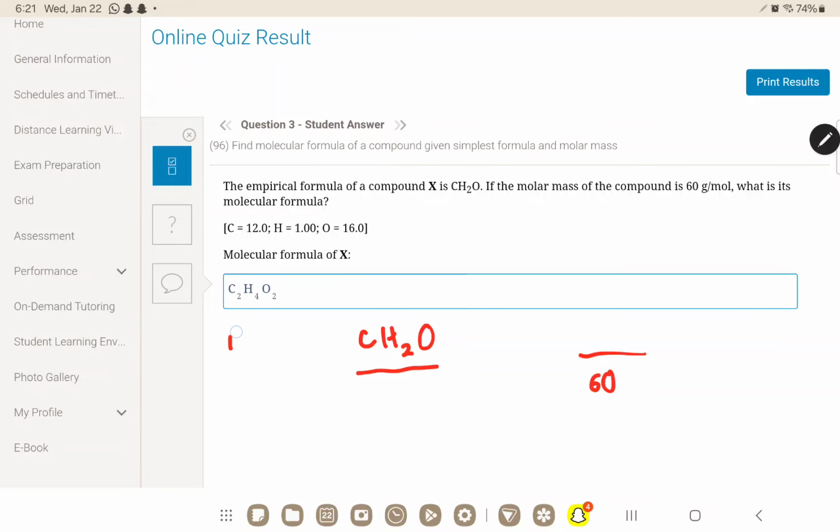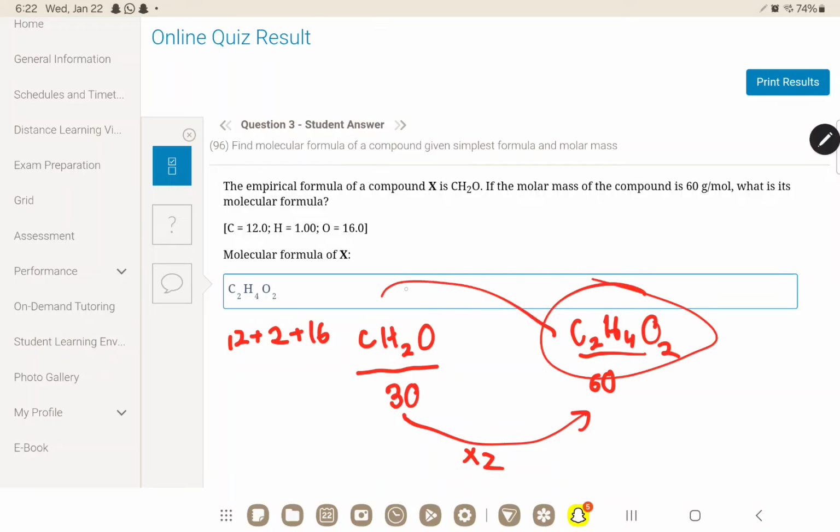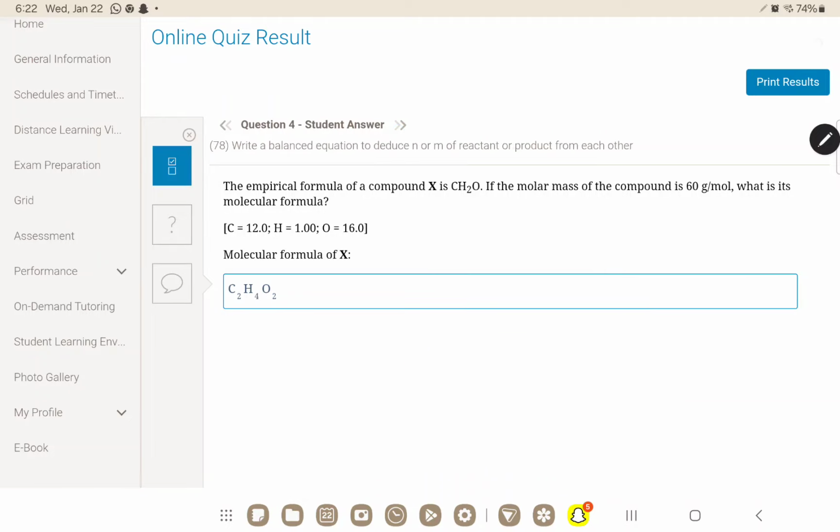So C is 12 plus 2, which is H2 because there's 2 H's, plus 16 will give us 30. So 30 to become 60, you multiply it by 2. So this entire formula, you need to multiply it by 2. So C becomes C2, H becomes H4, and O becomes O2. And that is it. And that's how you get your answer for this question. Now let's move on.